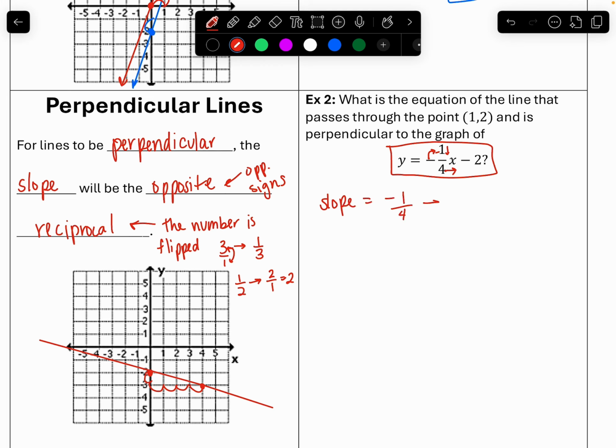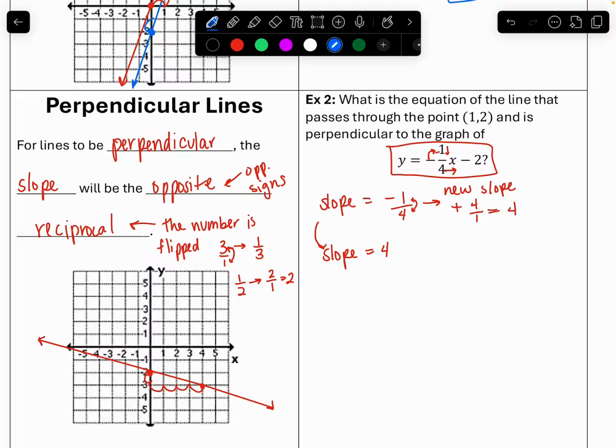Now we have to change to the new slope of the opposite reciprocal. So instead of negative, it's going to be a positive. A reciprocal, we're going to have to flip these two, and this will become 4 over 1, or plainly just 4. So our new slope is 4.